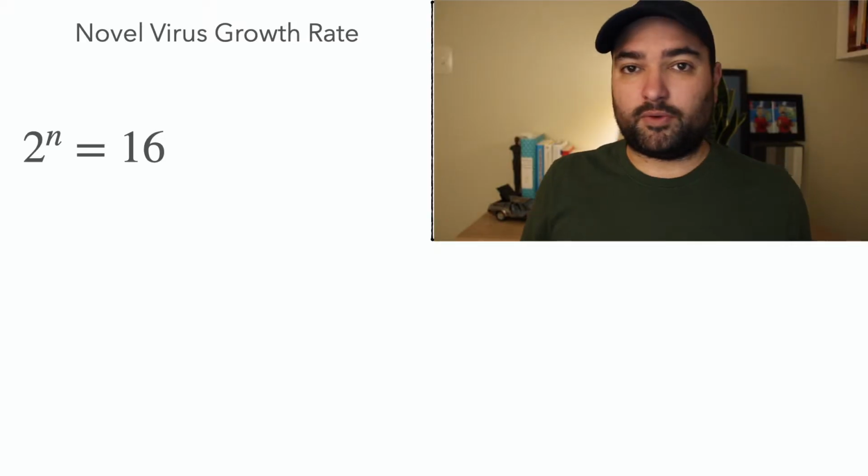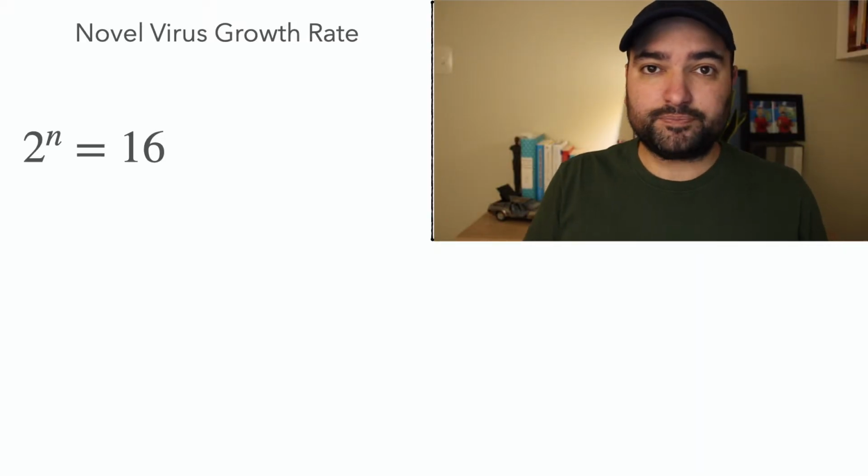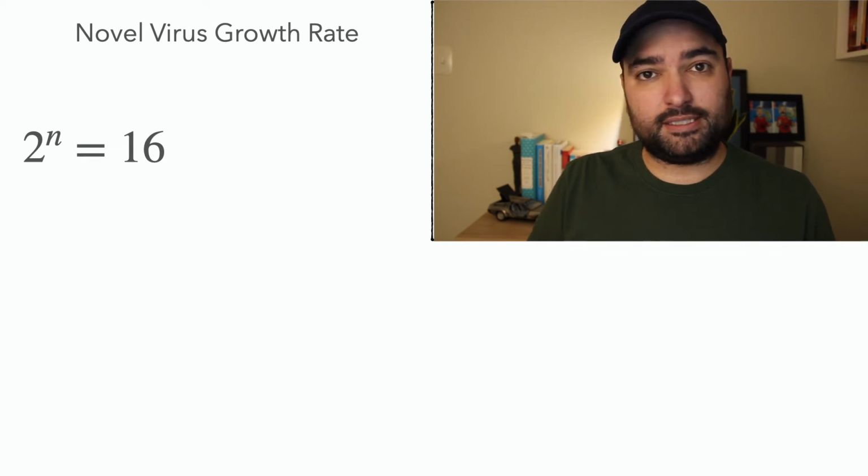So what we're going to do right now is flip this question right around and look at it in a sort of backwards way. How many days would have to pass before we would have 16 new cases? So if you can see, this is a bit backwards from the way that we were asking it before. Let's have a look. Well, we'll write it like this, where we have a rule, and it's 2 to the power of n is equal to 16.